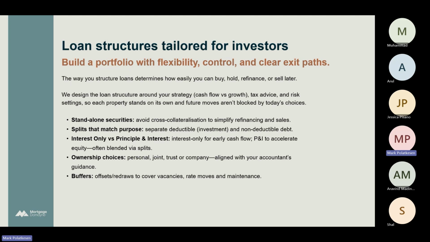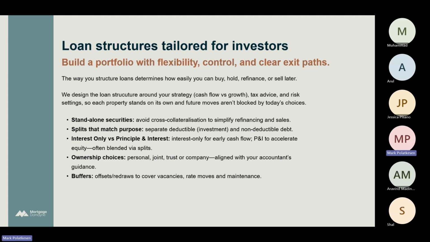Owner-occupied properties tend to have the label called home loan, and investment properties might have the investment loan label against that. It's always best to have owner-occupied and investment loans labeled clearly, particularly at tax time, when your accountant wants to work out how much interest you've actually paid on the investment loan and how much is non-deductible.